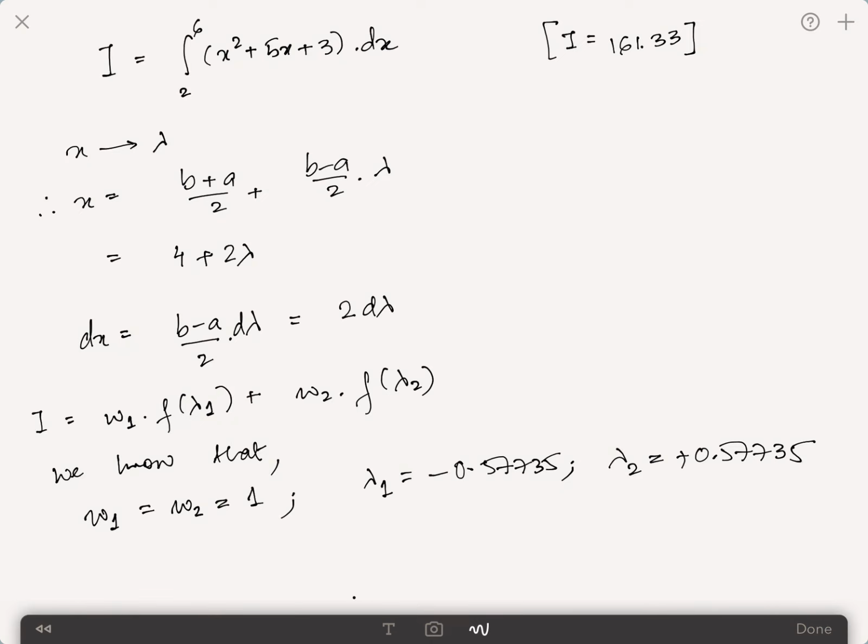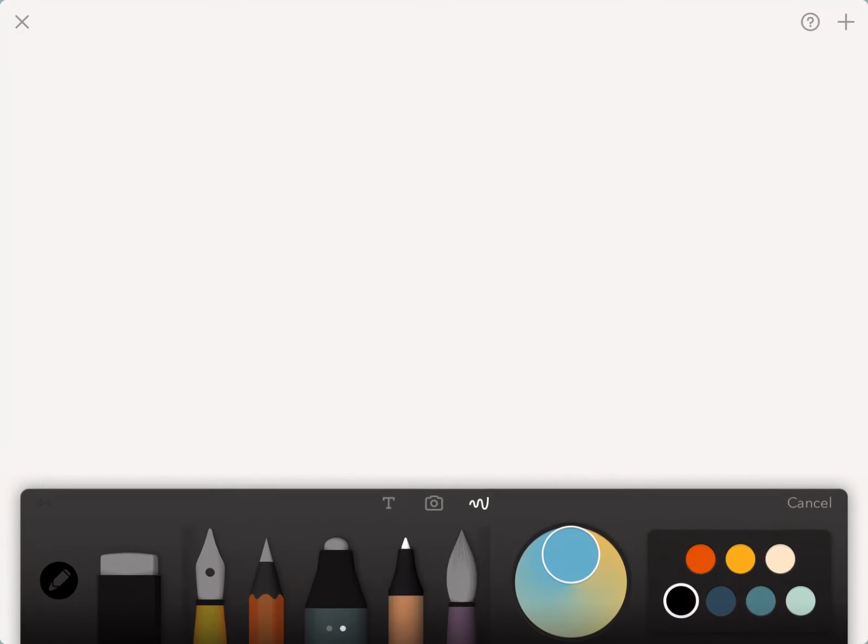Okay, so what we basically need to do is represent the integral I that we started to find out in the form of lambda. That means we can write I is equal to the integral from minus 1 to plus 1 of x square, where x can be written as (4 plus 2 lambda) square, plus 5 times (4 plus 2 lambda), plus 3.